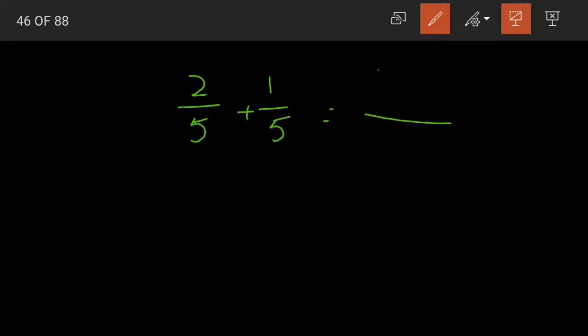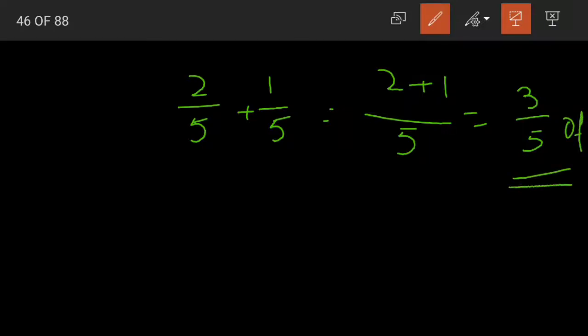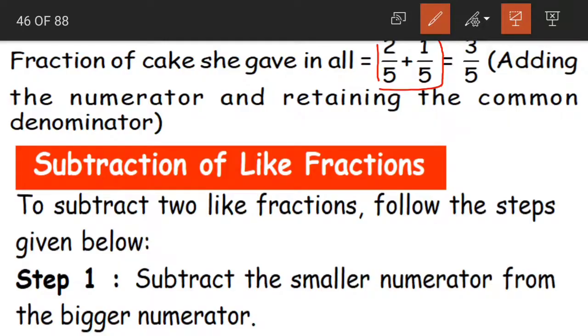Yes. So when we are adding like fractions, what will we do? We'll add the numerators, but we do not add the denominators. We just keep the common denominator. 2 plus 1 is equal to 3 divided by 5. So Swati gave 3 by 5 of the cake to her brother and sister.